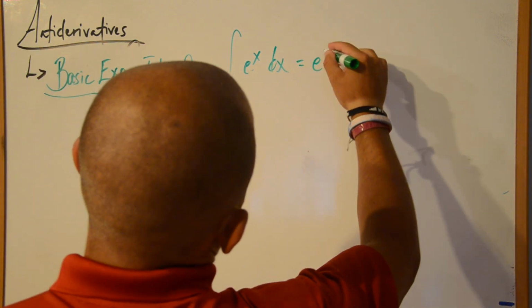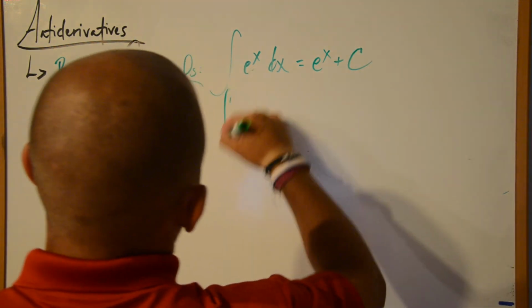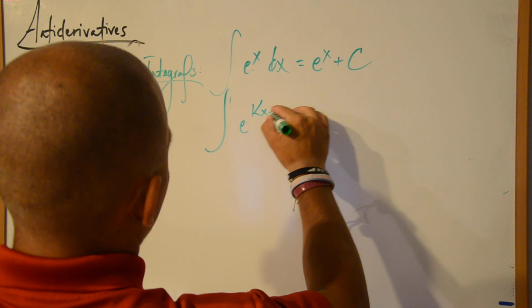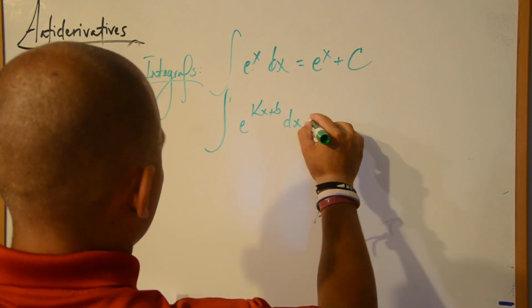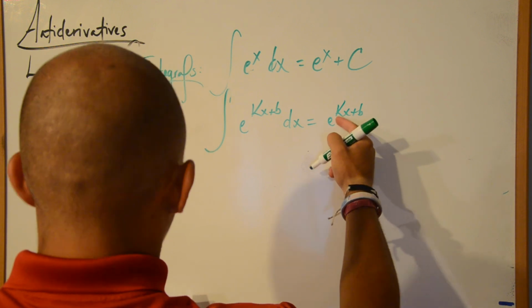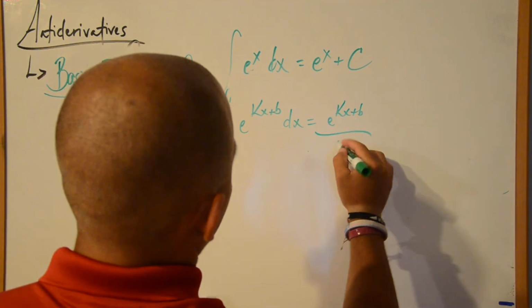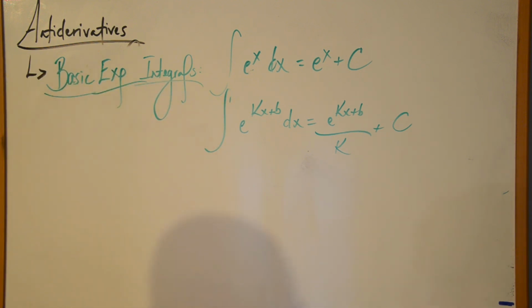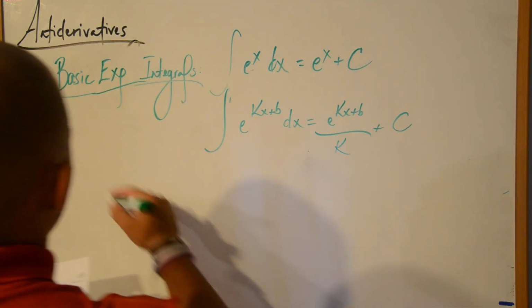Well, I love when this happens. It's just e to the x. Okay. And then if we have something more general, that looks something like this, we keep the original function, but we'd be mindful that we need to divide by that constant that's attached to the variable, and vice versa.